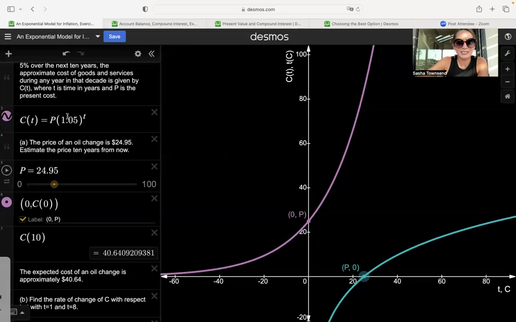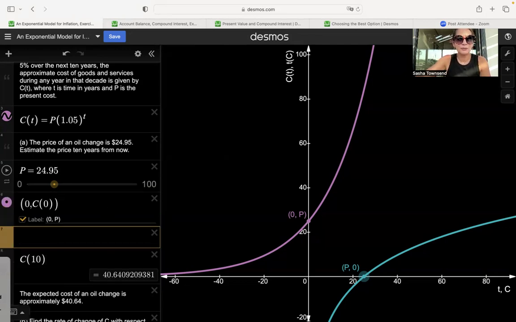We get c evaluated at 0, that's p times 1.05 raised to the 0, which is just the present cost. So the present cost is always our y-intercept for that particular product. And then we can answer the question, what is the price of an oil change 10 years from now? Well, it's just c evaluated at 10, or $40.64.